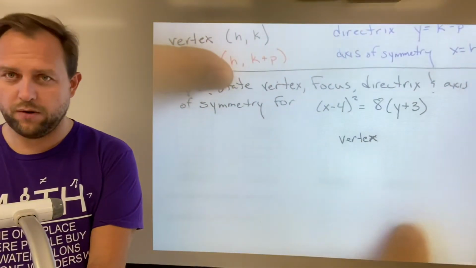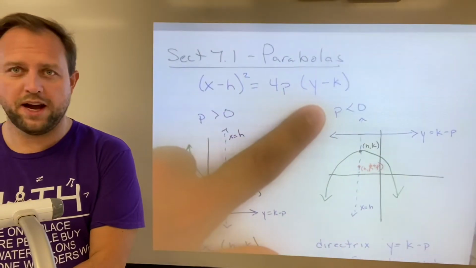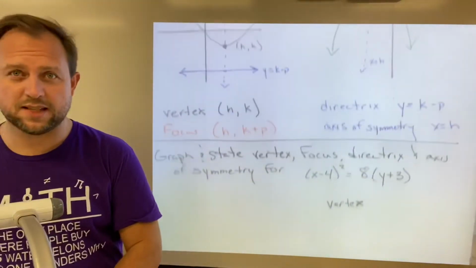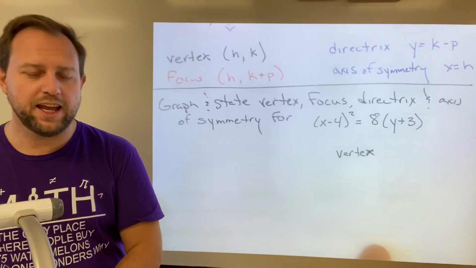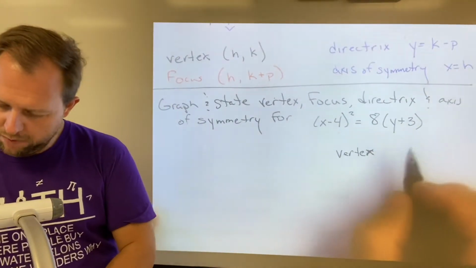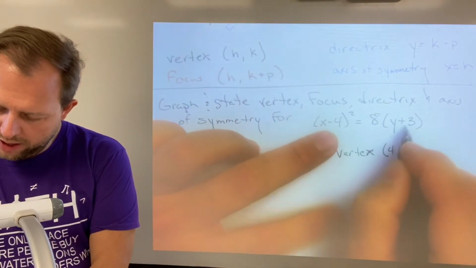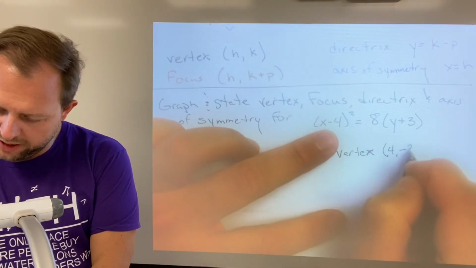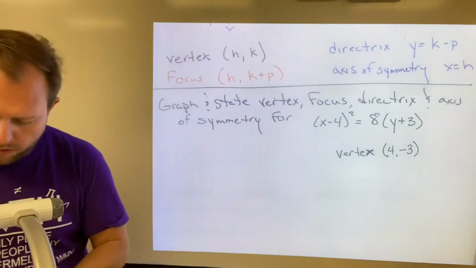When we had the equation up here, it was x minus h, y minus k. So for the vertex, the signs are the opposite of what you see in the equation. So because it's a minus 4, that means our vertex is at 4, and a plus 3 means it's at minus 3. So our vertex is (4, negative 3).